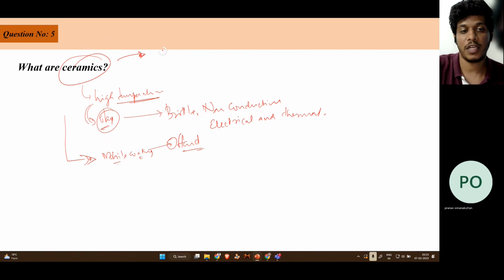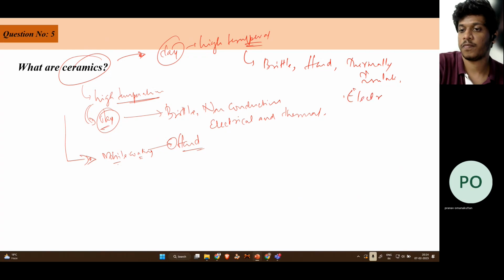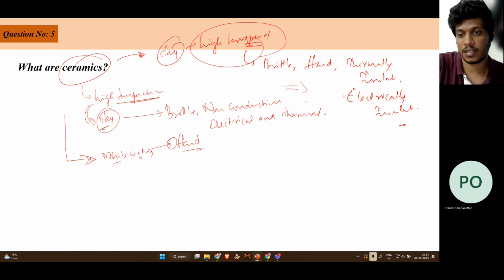Here we treat materials like clay at a very high temperature, resulting in a material that is brittle, hard, thermally insulating, electrically insulating, etc. A major identity of ceramics is its treatment at high temperature. So when something is electrically insulating, it can act as an insulator for electric devices.